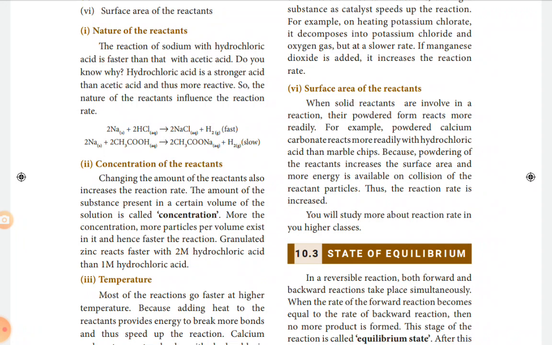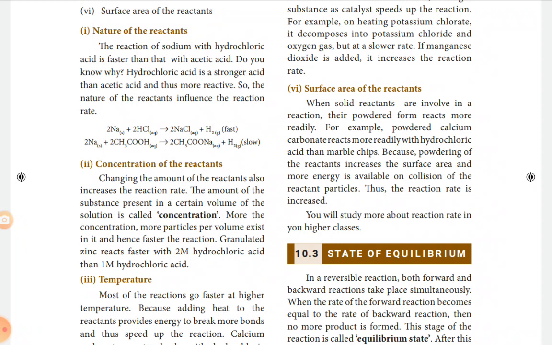So because of this, the rate of the reaction will be increased. See, powdered calcium carbonate provides more surface area, so more collisions of the reacting particles will take place. Because of this, the rate of the reaction automatically increases.